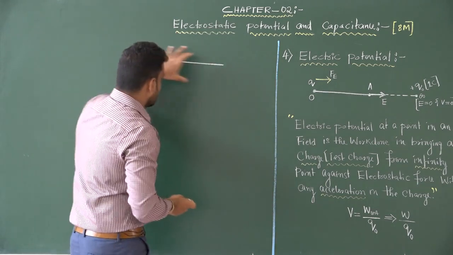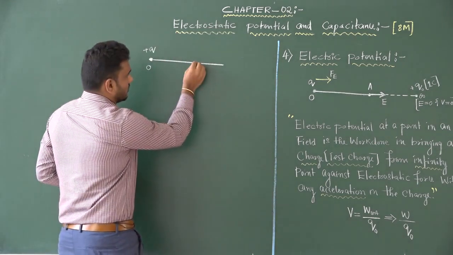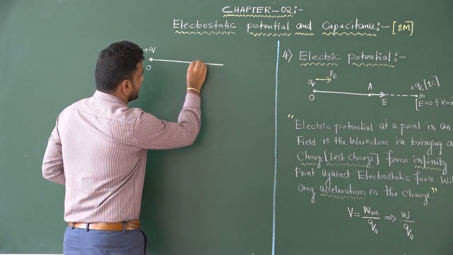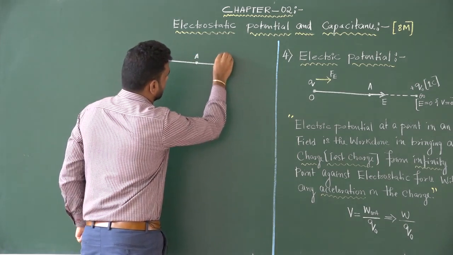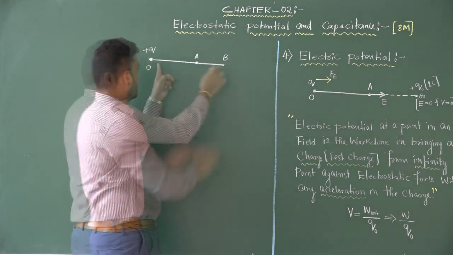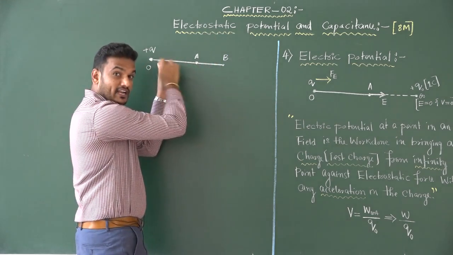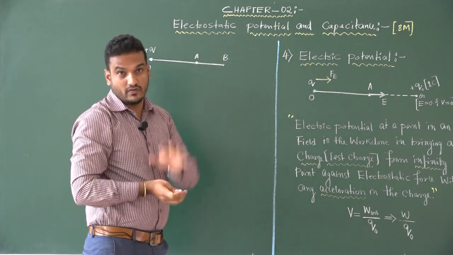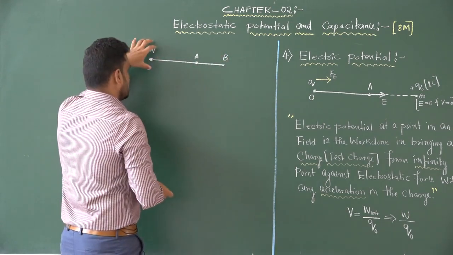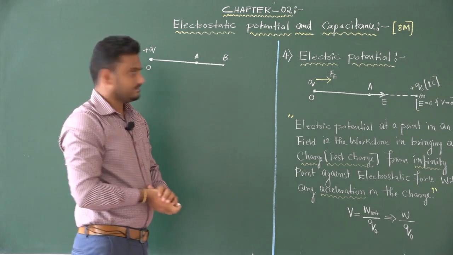In this electric field line, again I am going to consider 2 points, say A and B. This line is nothing but the electric field line or electric line of force within the electric field, which is produced by a positive point charge.